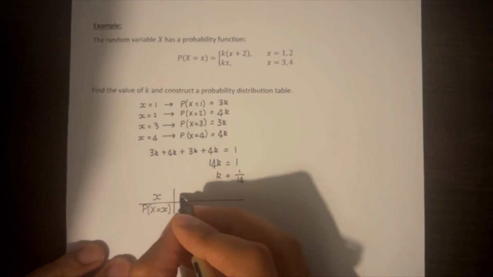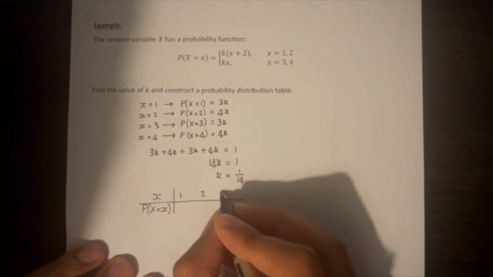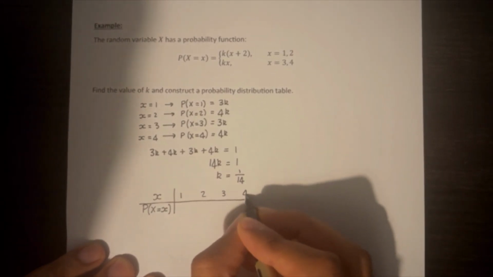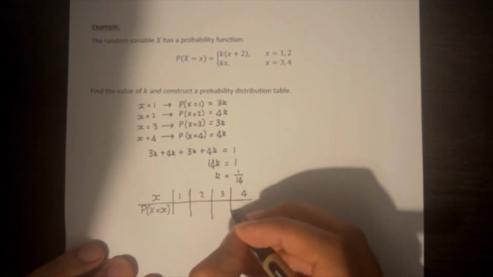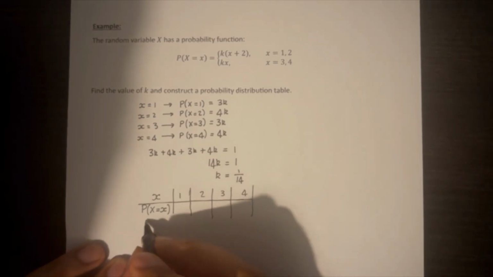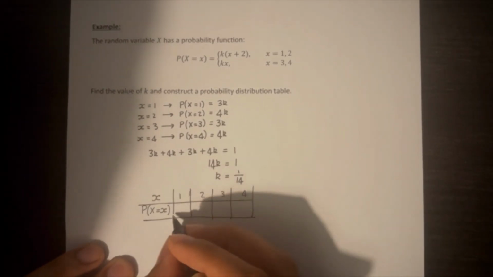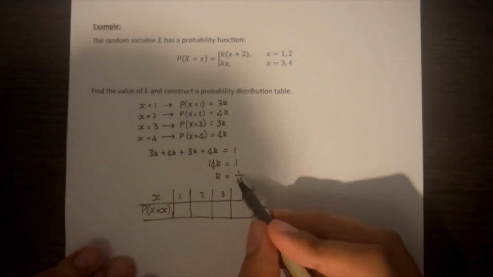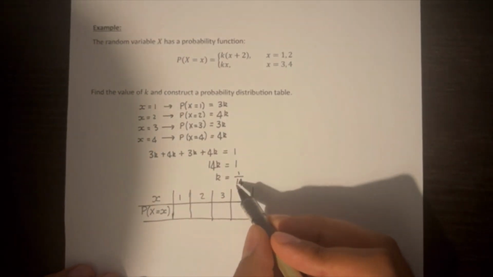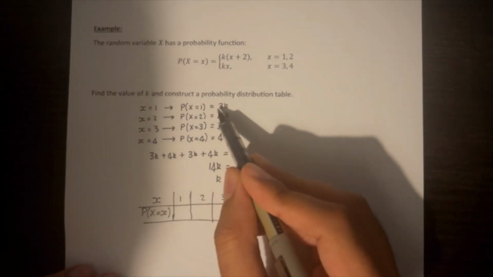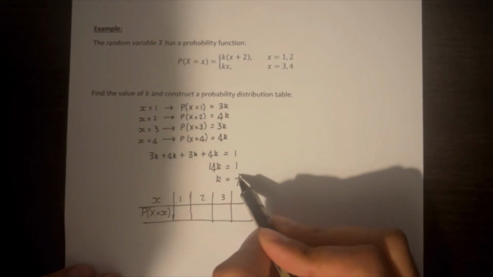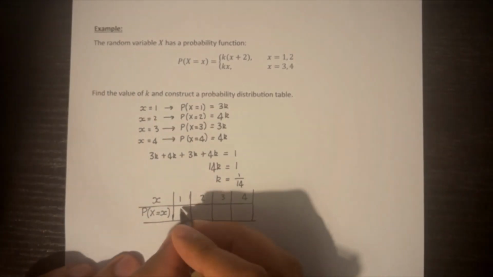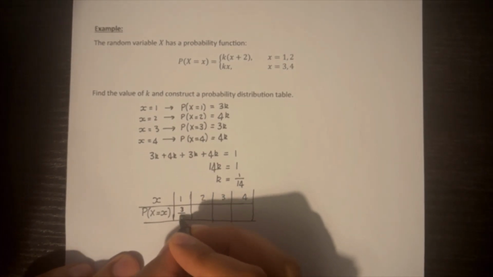My values of x were 1, 2, 3, and 4. And the probabilities that x was equal to those values: if k was equal to 1/14, then the probability that x was equal to 1 was 3k, so that's 3 lots of 1 over 14, which is 3 over 14.